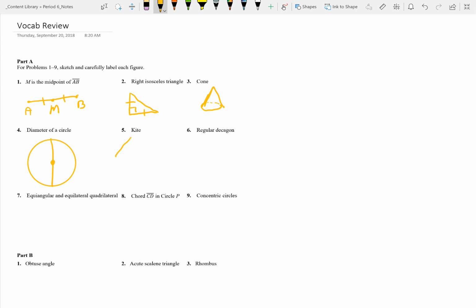Okay, so there we go, kite. So two sets of adjacent congruent sides, kite. Regular decagon. Decagon is 10 sides. So it's 1, 2, 3, 4, 5, 6, 7, 8, 9, 10.